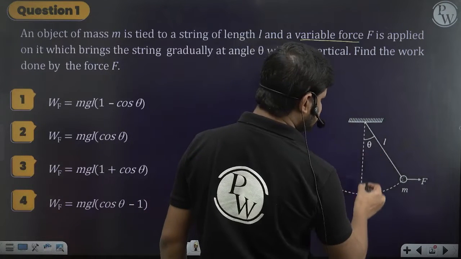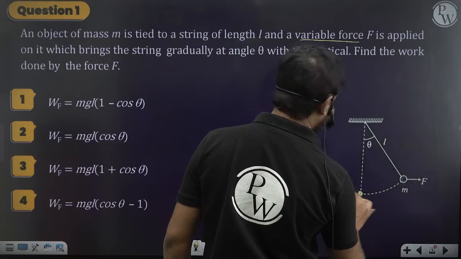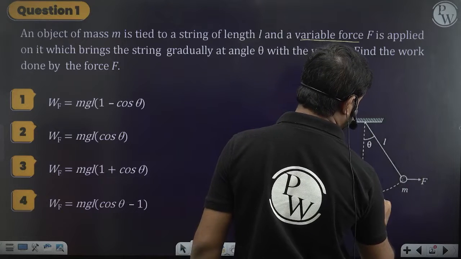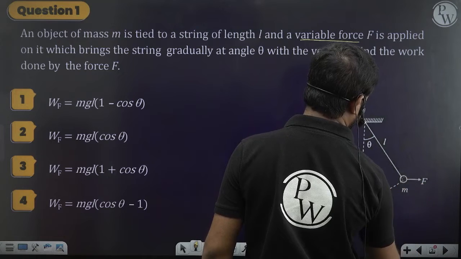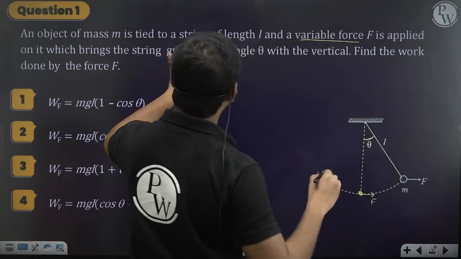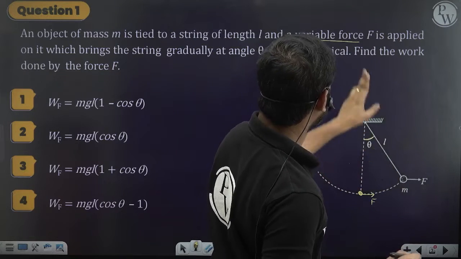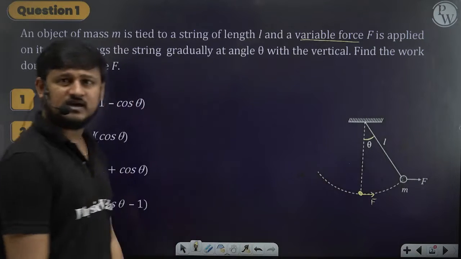Here is a string originally, and here is an object of mass m. Now the force is applied on it in this direction, and the force keeps changing continuously. At the end, the string gradually comes to an angle theta with the vertical. Find the work done by the force.